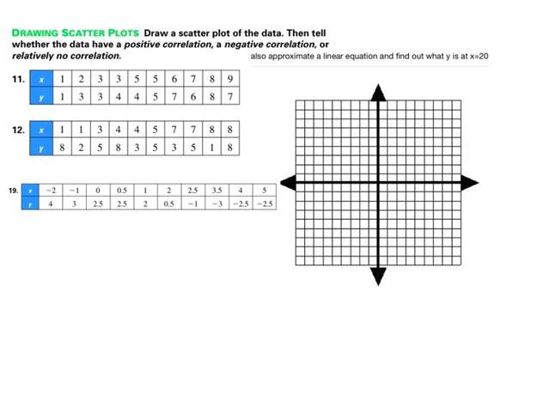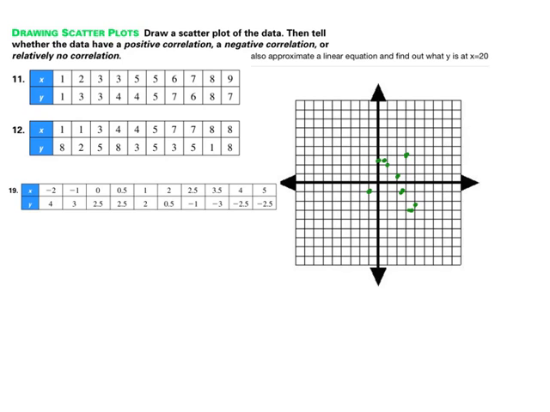All right, the last one here, we got -2, -1. 4, 3. 0, 2.5. 0.5, 2.5. 1, 2. 2.5. 2.5, -1. 3.5, -3. 4, -2.5.